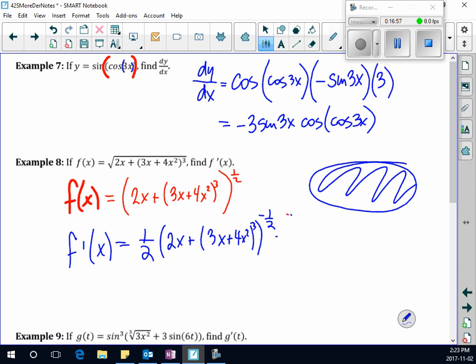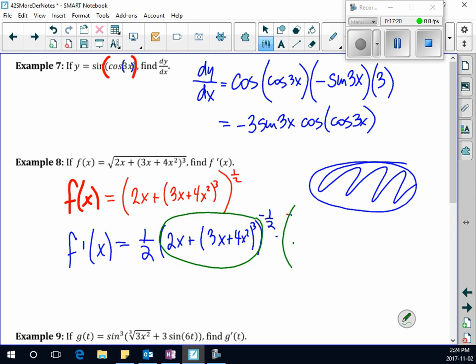So then, now I'm going to use a different color pen. I have to do the derivative of this inside, right? Now the inside has lots going on there. The derivative of the inside, this is easy, right? But this is another chain rule. Do you see that?